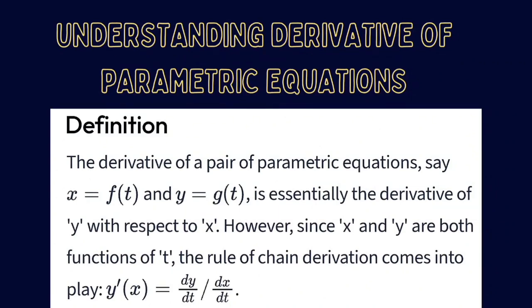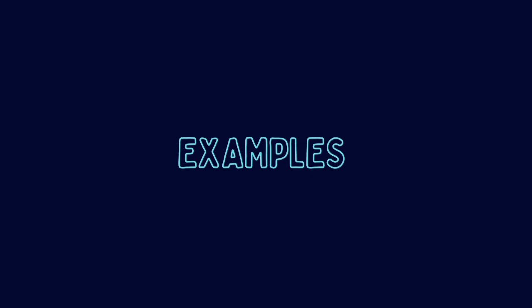The derivative of a pair of parametric equations, say x equals f of t and y equals g of t, is essentially the derivative of y with respect to x. However, since x and y are both functions of t, the chain rule comes into play. The formula for the derivative of parametric equations is dy over dt over dx over dt. Now let's have an example.